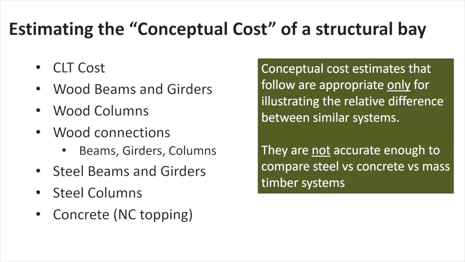I do include concrete non-combustible topping for my study, and it's the same for everything really, so it didn't really vary from one study to the next, or one grid to the next. I'll emphasize one more time that these are conceptual cost estimates, and I think they're pretty interesting for comparing different grids in different systems, as we're going to do, but not accurate enough to compare steel versus concrete, so please don't use these numbers to do that.